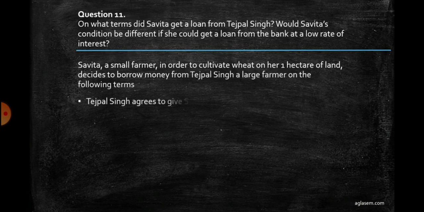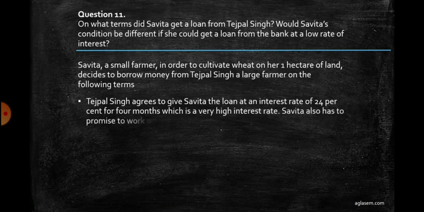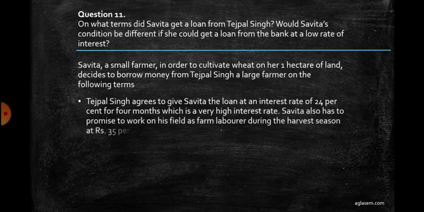Tejpal Singh agreed to give Savita the loan at an interest rate of 24% for 4 months, which is a very high interest rate. Savita also has to promise to work on his field as farm laborer during the harvest season at rupees 35 per day.